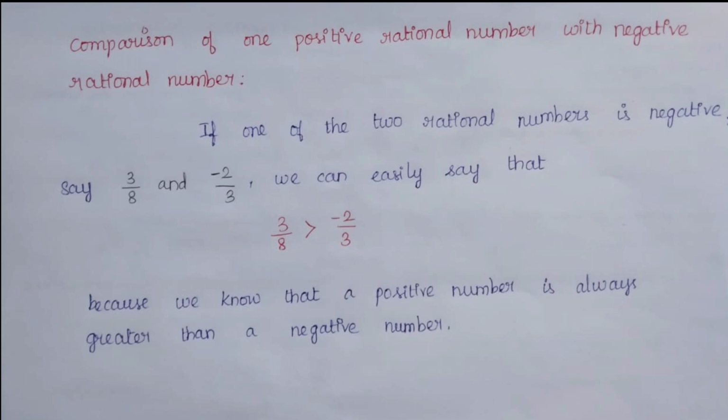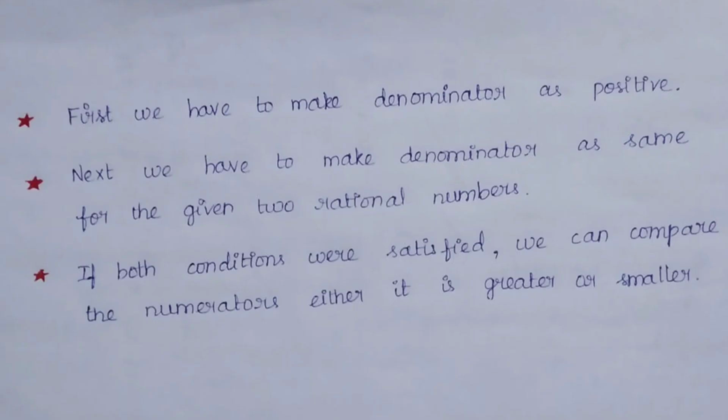Here 3 by 8 is positive and minus 2 by 3 is negative. Therefore 3 by 8 is greater than minus 2 by 3. I hope you have learned how to compare two negative rational numbers and one positive with one negative rational number.